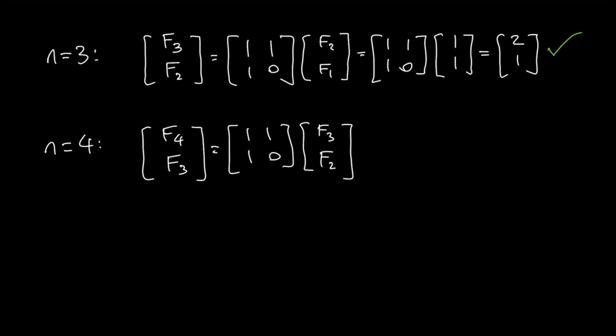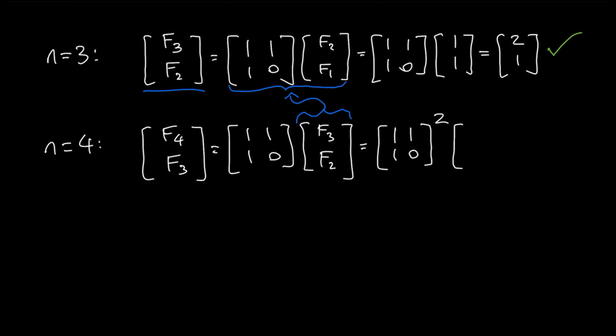But instead, I'm going to plug in this matrix multiplication for f3, f2, because I know that's equal to f3, f2. So this becomes the matrix 1, 1, 1, 0 multiplied with another matrix 1, 1, 1, 0. So this matrix is squared, and then f2, f1, which is 1, 1.